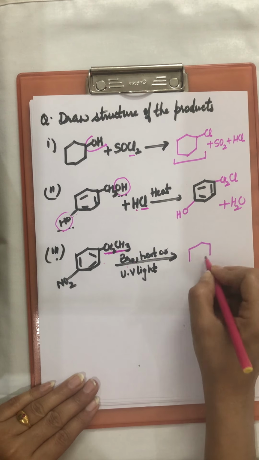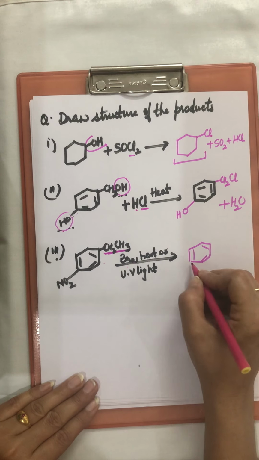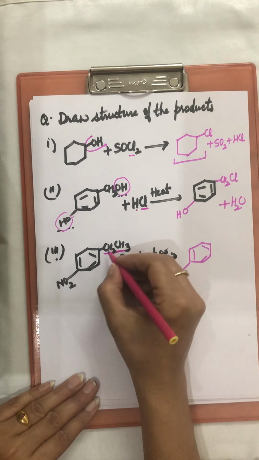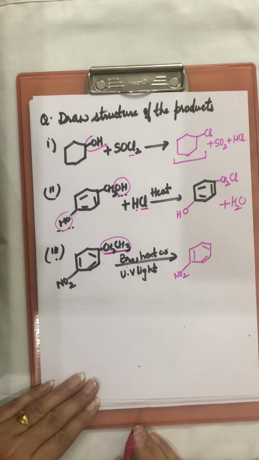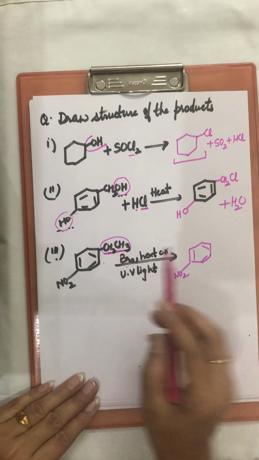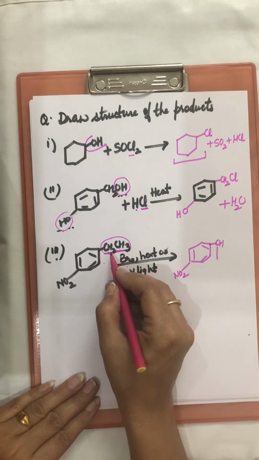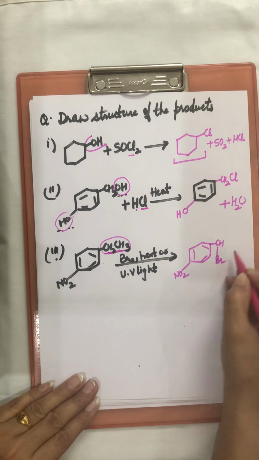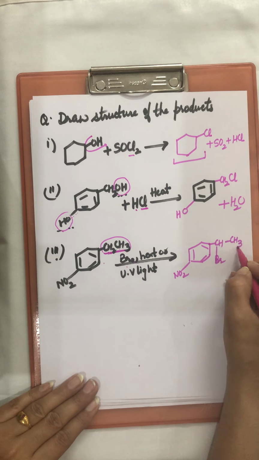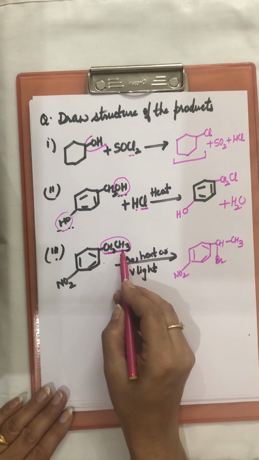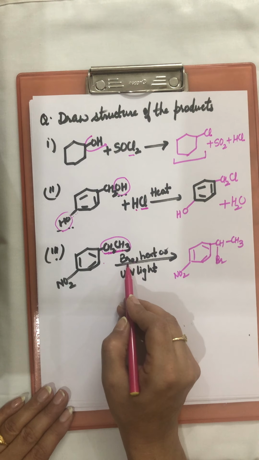But now which hydrogen will be substituted by halogen? This carbon or this carbon? It is in place of this carbon, one hydrogen will be substituted by halogen, and not from here the hydrogen will be substituted by Br.